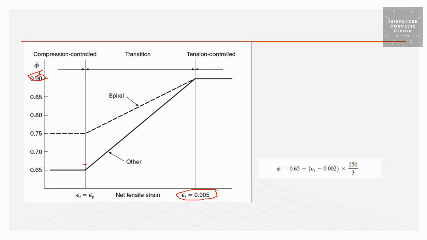And if it is equal to the yield strain of the steel, which is 0.002, then the phi value will be 0.65. और अगर strain की value 0.002 और 0.005 के बीच में होगी, then we will be using this formula to find out the value of phi.